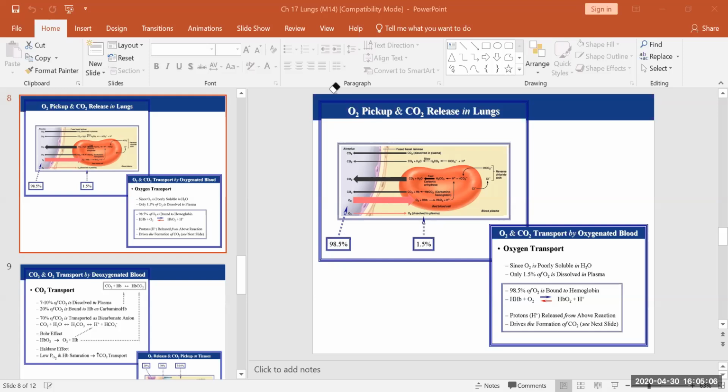Now, how is it possible for oxygen to get from the alveolus into the red blood cell and get transported? There's one equation that will follow you for the rest of your clinical career, okay? And it's shown here.